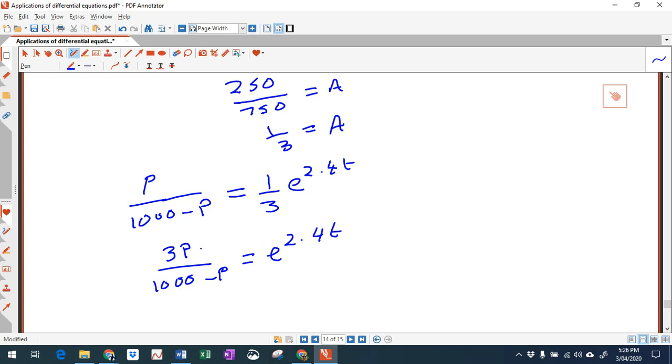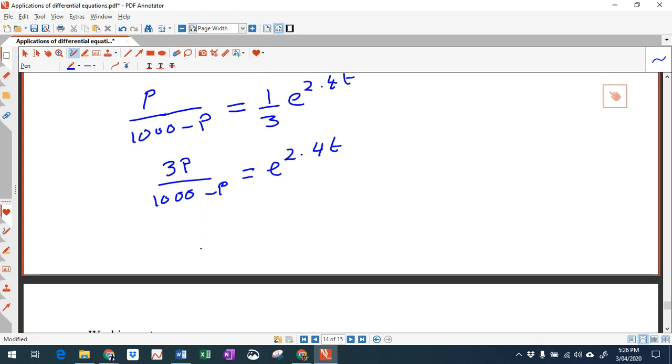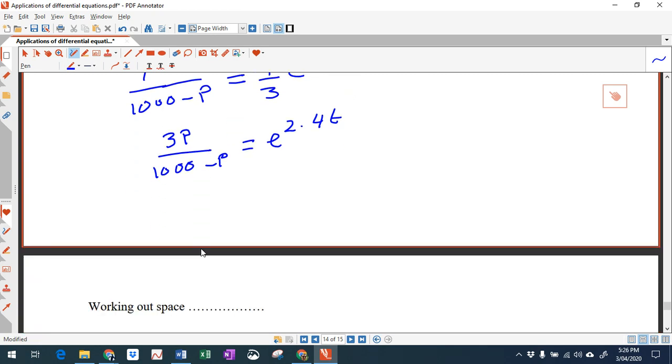And we can take the reciprocal now, if you like. So if I flip both sides, I will have 1000 minus P over 3P equals 1 over E to the 2.4T.